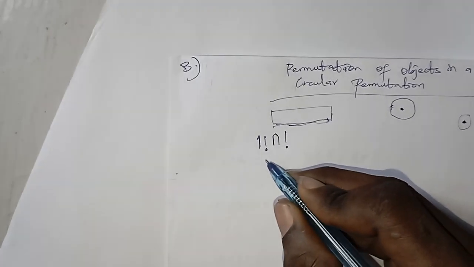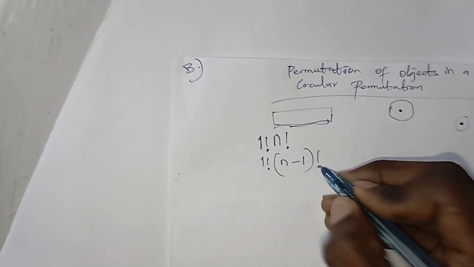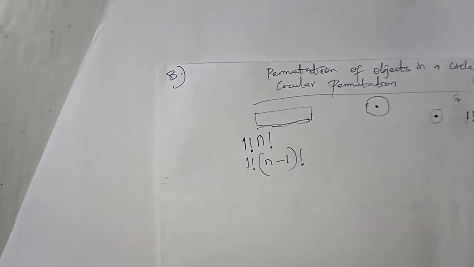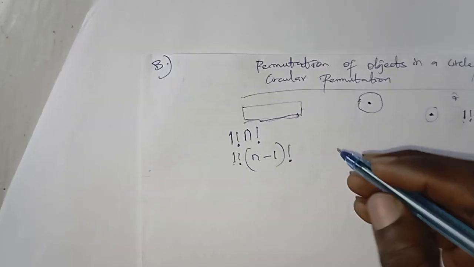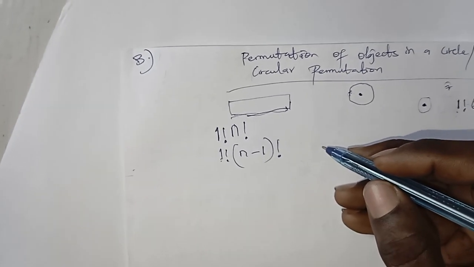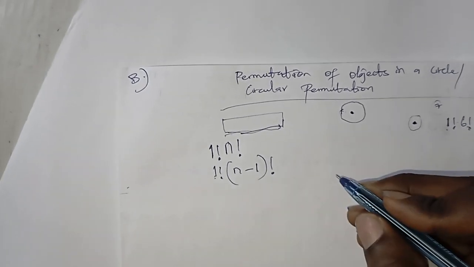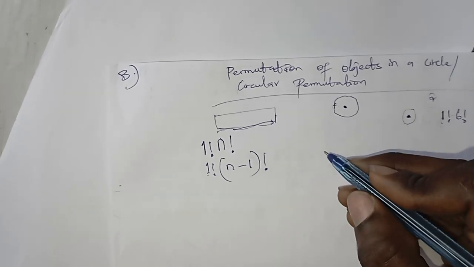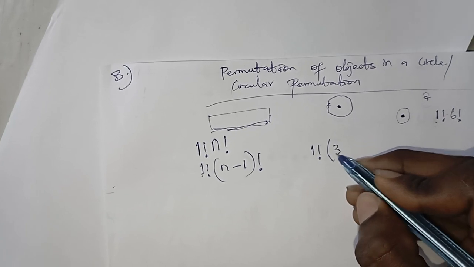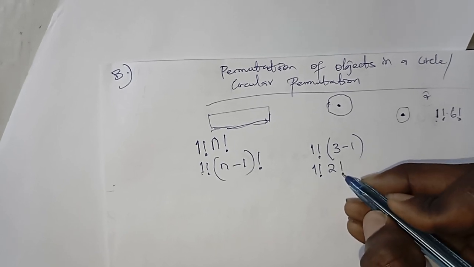Or better still, better done this way, 1 factorial n minus 1 factorial. So if they ask me how many ways can 3 girls be arranged round a circle, or in how many ways can 3 girls be seated around a round dining table, it is simply going to be 1 factorial all into the 3 gets 3 minus 1, which is going to be 1 factorial, 2 factorial.